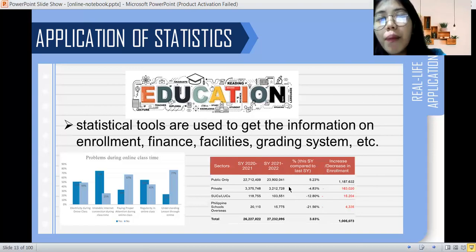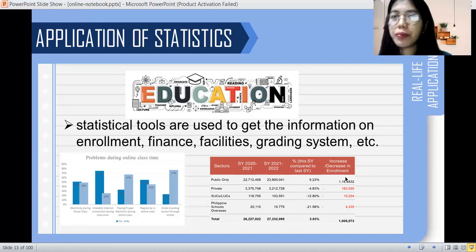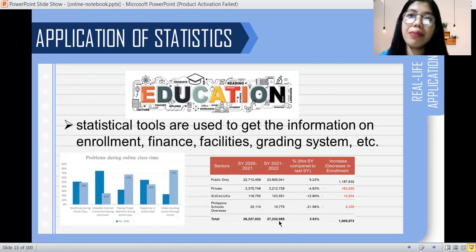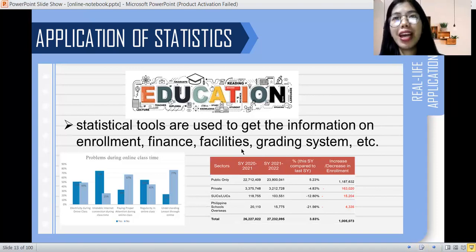So this is an example of enrollment, kung ilan na yung mga nag-enroll sa public, number of students sa public schools, sa private schools, and etc. Now, this one, we use statistics para makuha kung meron bang progress sa ating educational system sa ating bansa. Ayan po. And marami pang kagamitan ang statistics sa ating education.